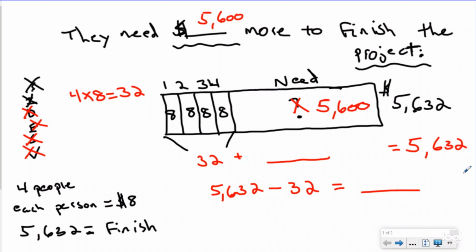I needed to find out what I needed. So even though I multiplied 4 times 8, and even if this is a multiple choice test and 32 was an answer, I wouldn't have picked that because I hadn't figured out how much more I needed. That was how much I had, right? And if you really wanted to get good at it, you could have even labeled this part as how much you had. So that's how you do that question.